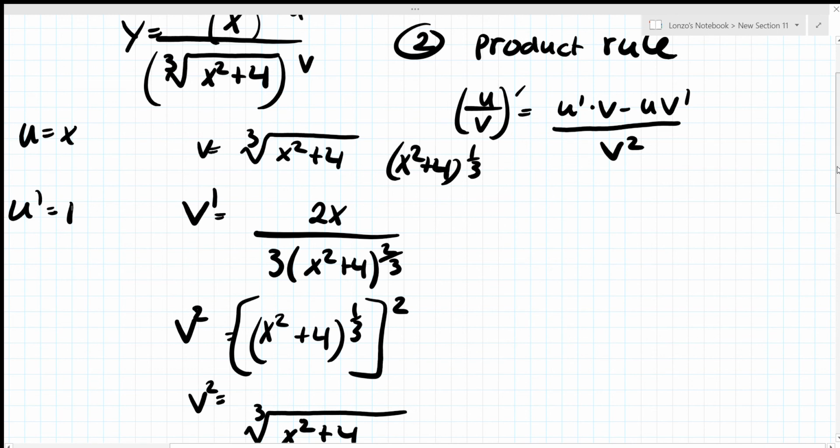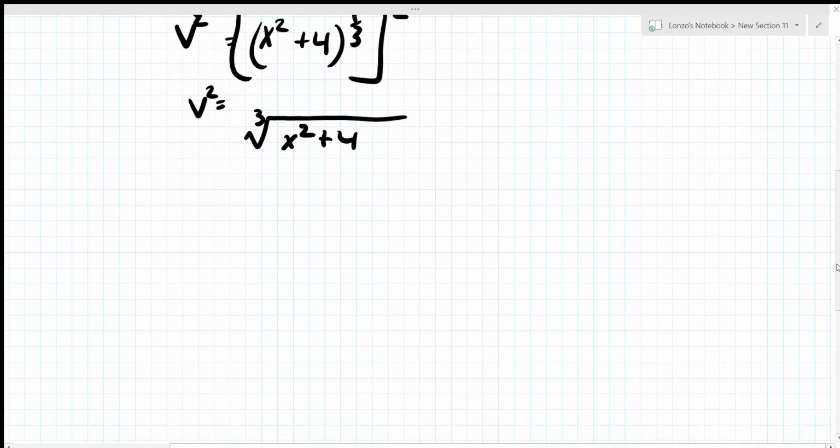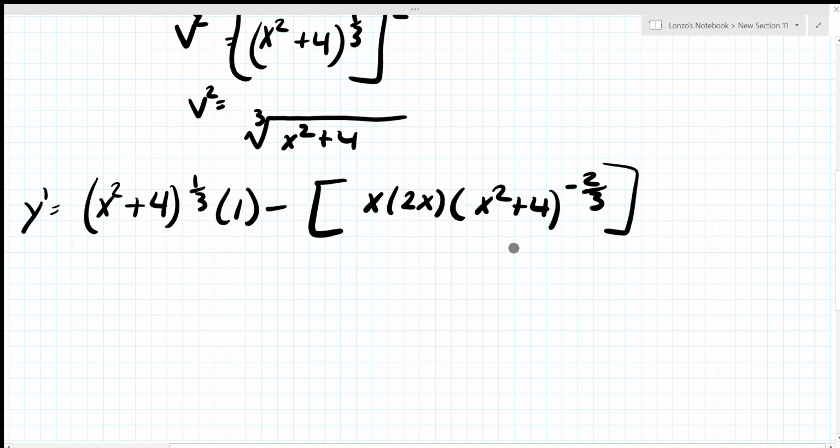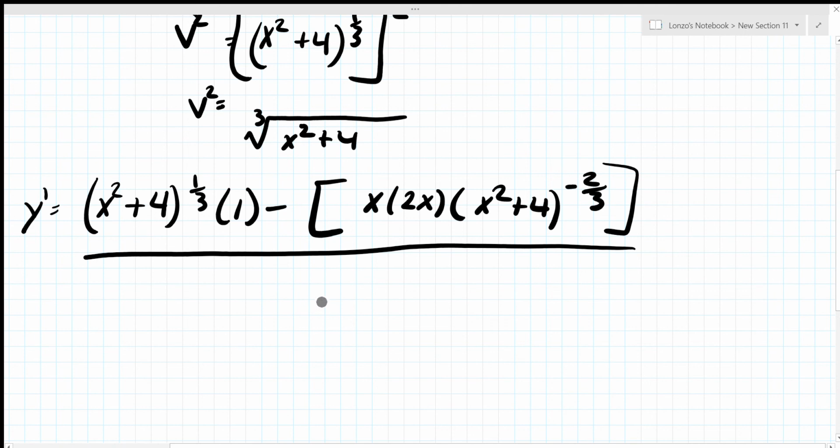So when you put it in the equation, this is what you're going to get. y prime equals x squared plus 4 raised to the 1/3 power times u prime, which is 1, minus, and I'm going to put brackets because I have to distribute that negative, u times v prime, which is x times 2x times x squared plus 4 raised to the negative 2/3, all over v squared, which is x squared plus 4 raised to the 2/3 power, right?